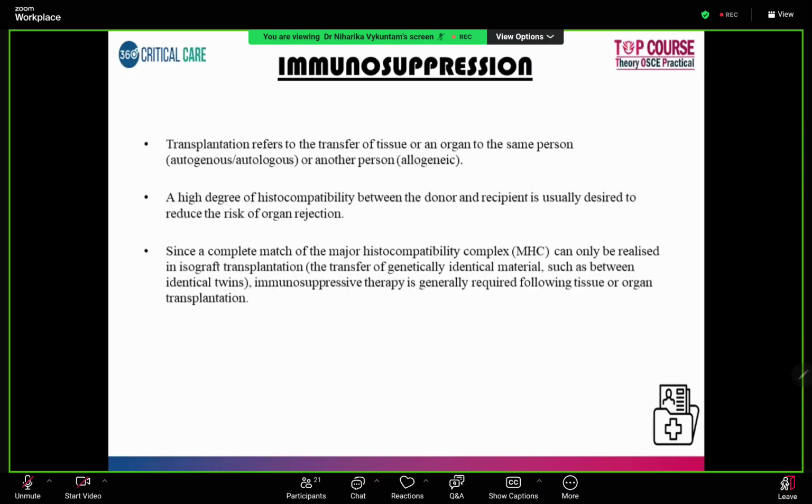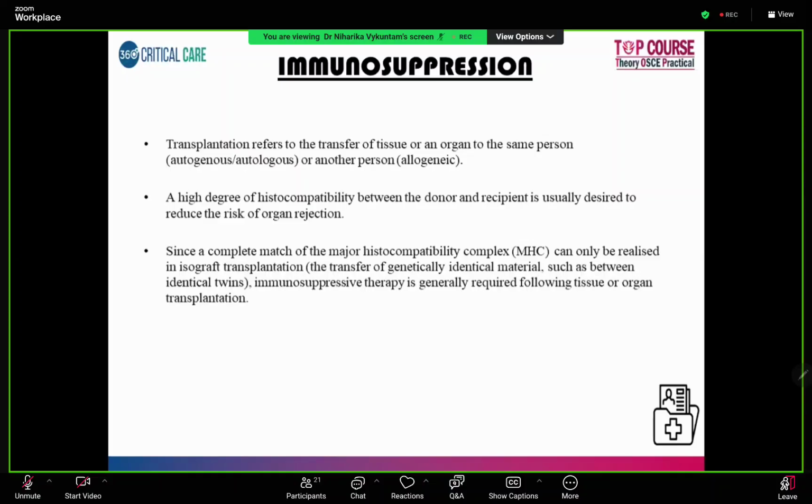So, when you do transplantation, there should be some major histocompatibility complex matching which has to occur. Correct? If it doesn't occur, then there is an increased risk of organ rejection. This MHC compatibility should be matched nearly 80 to 90%.